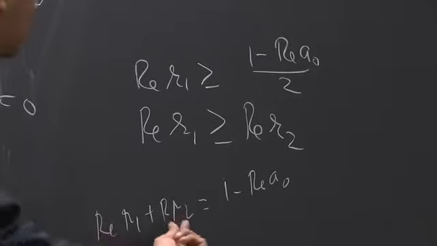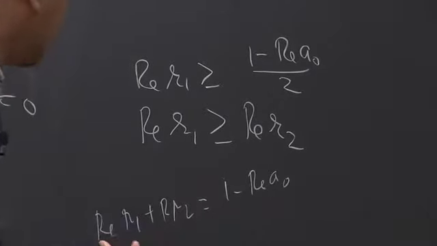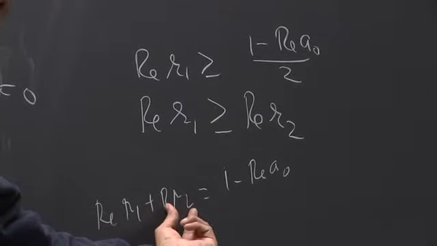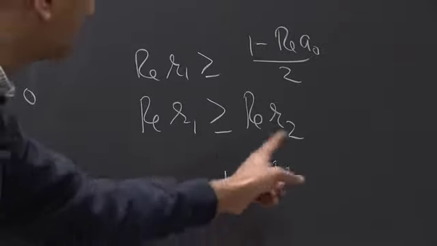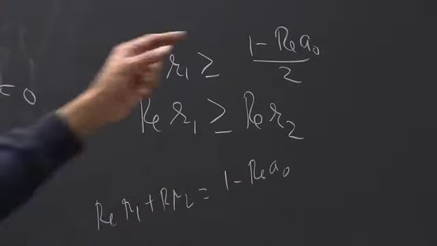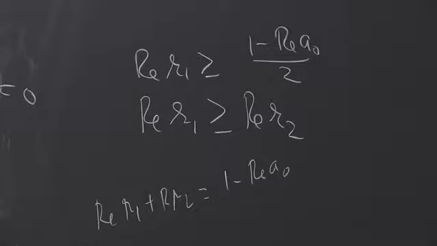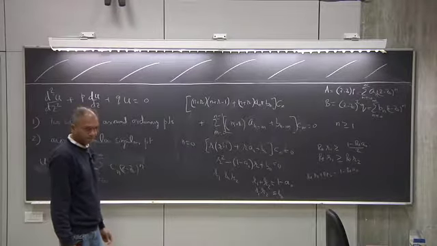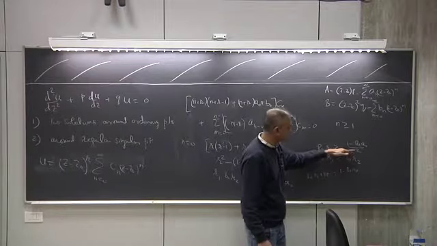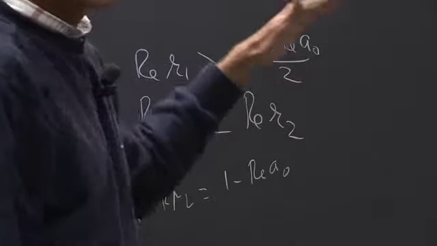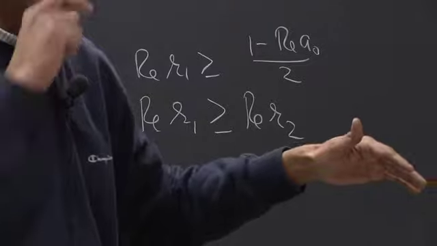Because I have a sum of these two terms equal to that, but I'm saying that this part is greater than or equal to that, so this must be greater than or equal to half of that. It's not important right now, but I will need it to prove the convergence, because we need to prove the convergence, right?